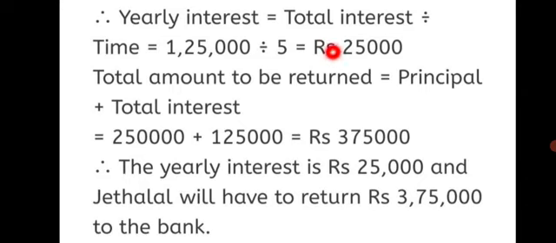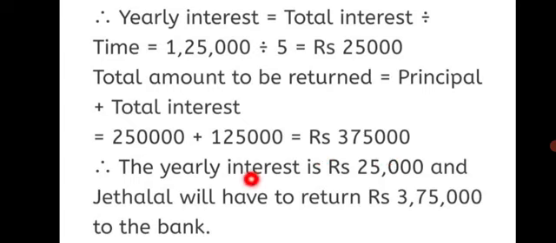And now we are asked what is the total amount that he returns to the bank. Therefore, total amount to be returned is equal to his original principal plus the interest. So the original amount is 2,50,000 plus the interest for 5 years, 1,25,000, which is equal to 3,75,000.